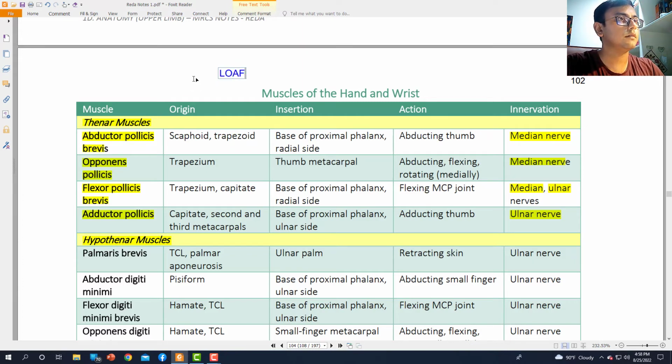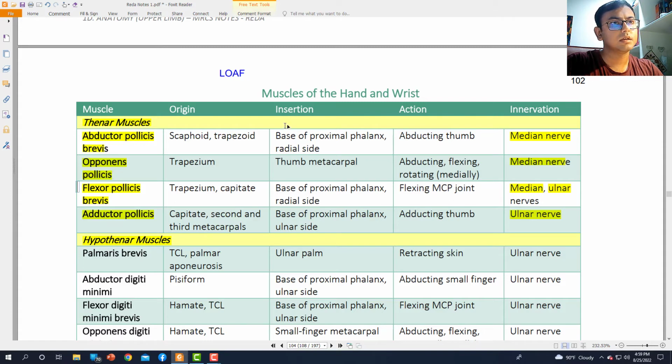So LOAF: the first L is abductor pollicis longus and brevis, then O is opponens pollicis, then A is abductor pollicis, and F is flexor pollicis brevis. So flexor pollicis brevis is here, adductor pollicis, opponens pollicis, and abductor pollicis brevis.